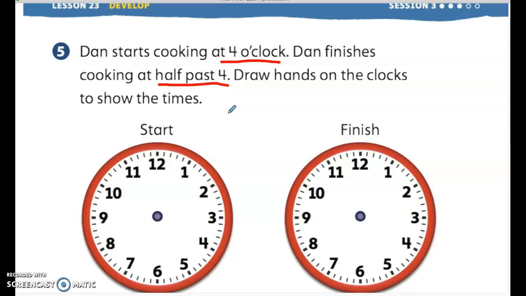So when he started cooking, it was 4 o'clock. And remember, the short hand is the hour hand, so we need to draw our little hand pointing to 4 and the big hand pointing to the 12. When it points to the 12, it means it's 0, 0.